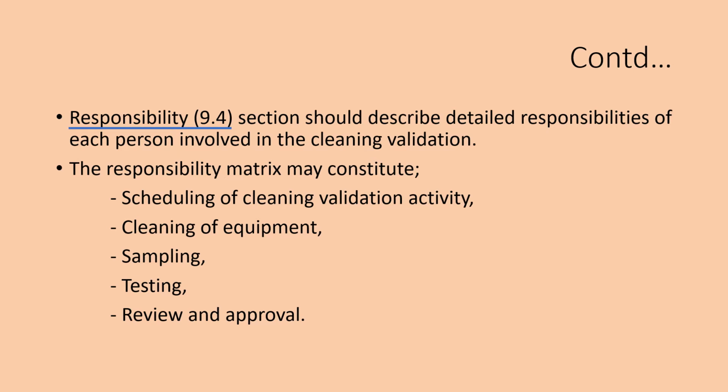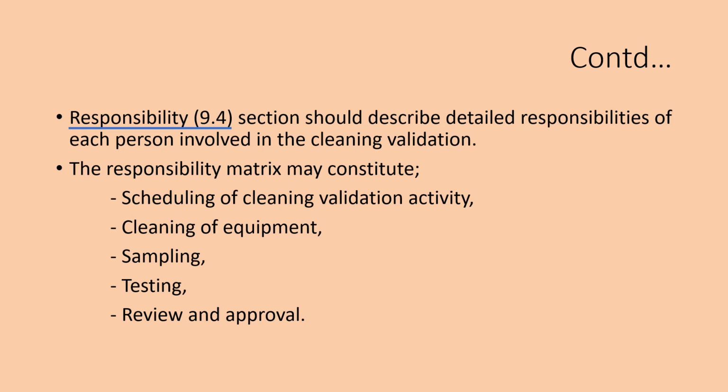The detailed matrix should be as follows. Depending upon the urgency and mutually agreed timelines, QA, QC, production and engineering should decide on scheduling of the activity. There should be a contingency plan in case any cycle fails to meet the acceptance criteria or for any other unavoidable reasons.